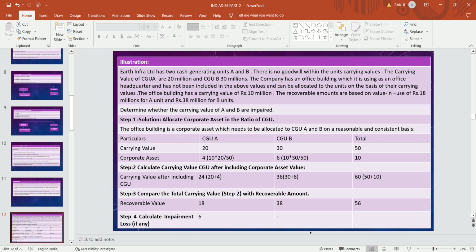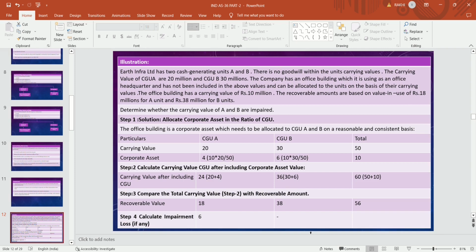The carrying value of the office building, the corporate asset, is 10 million. We allocate it in the ratio of the carrying values of A to B, that is 10 into 20 divided by 50. So we will get 4 million in CGU A and 6 millions in CGU B.